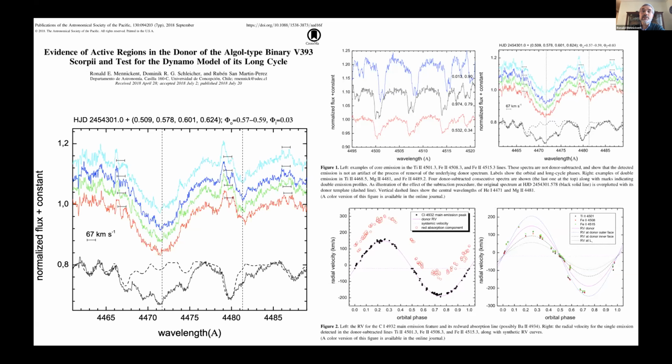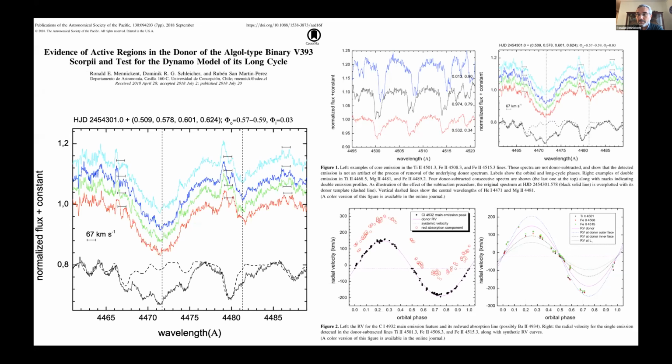These lines are present in the raw data before any treatment, like cores in the absorption lines. And after removing the contribution of the donor, they can be presented more conspicuously, more clearly. And when following the radial velocity of these emission lines, we notice that they follow roughly the radial velocity of the donor.